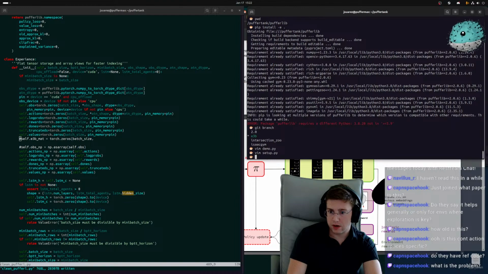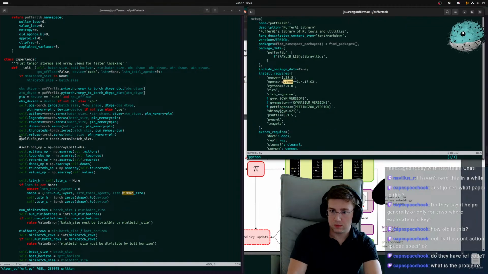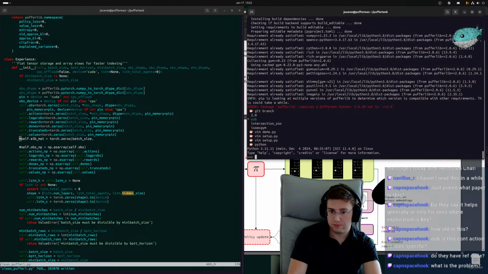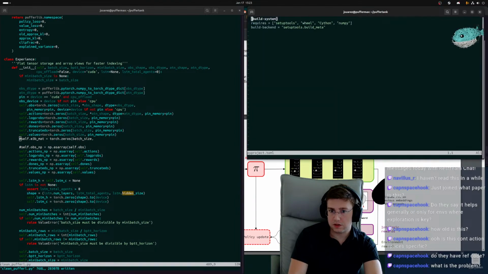PufferLib does not require. Okay, I don't know what the fuck is up with this, because that doesn't make sense. This is just a container being screwy.